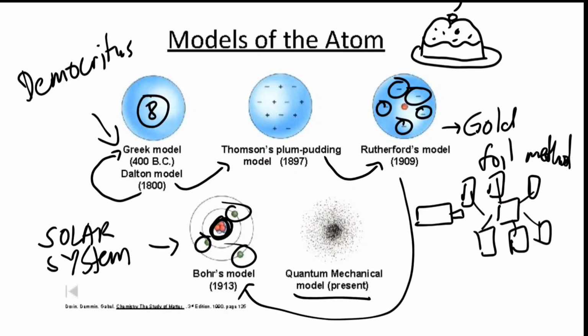And with our present-day model, the quantum mechanical model, proposed by Schrödinger, Schrödinger believes that atoms are everywhere. Atoms cannot be seen by our naked eye, but eventually they can be seen only with the use of microscopic devices or equipment for us to see the behavior of the electrons.